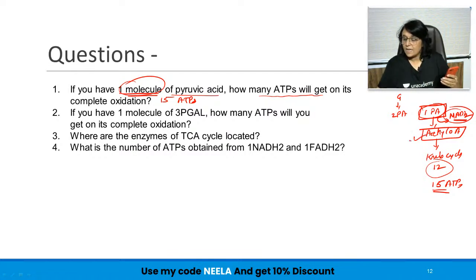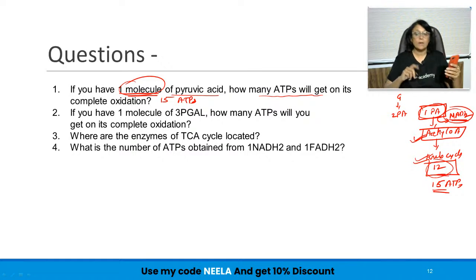And when this acetyl coenzyme A enters Krebs cycle, it gives us 12 ATPs. So 3 from NADH2 and 12 from here. That's how we are going to get 15 ATPs. Is it clear now? Kalai and Rashmi, both of you wanted to know this answer. So is it clear now, how we got the answer as 15 ATP? Very good. What about you, Kalai? Rashmi says she understood.